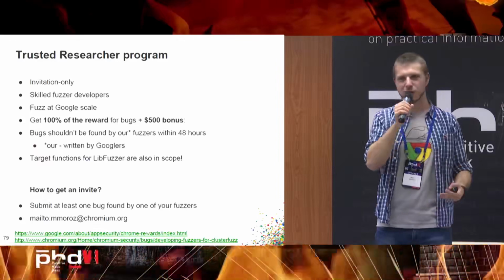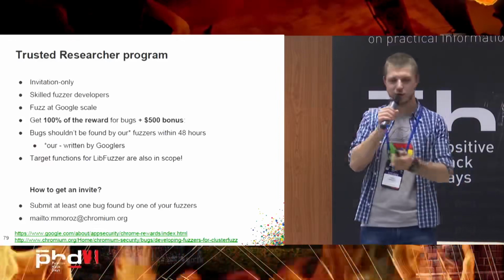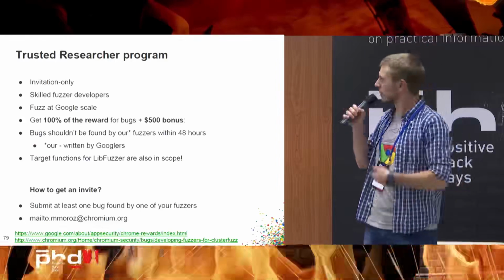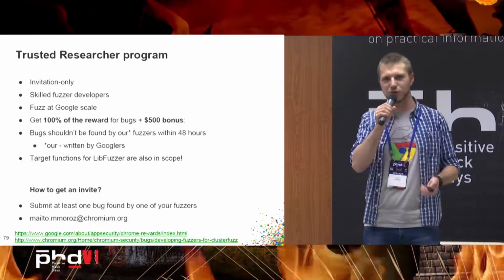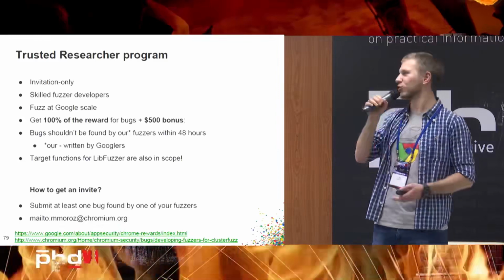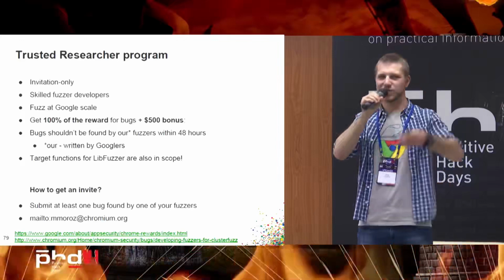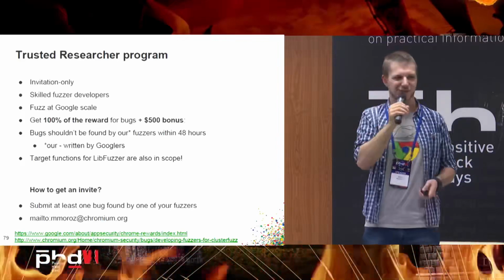Target functions are also part of this ClusterFuzz TRP program. So you can get in touch with me, or you can get in touch with the Chrome team. This program is designed to be invitation only, but if you've already reported Chrome bugs, you're already considered a trusted researcher. But you know what? If you're here, you're also a trusted researcher.